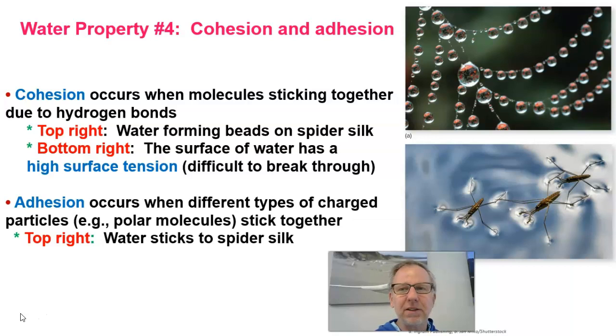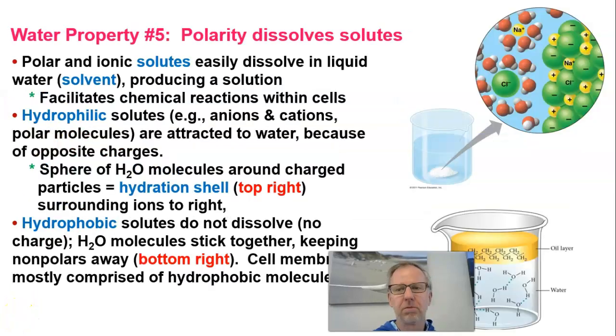So that means the spider web and the water are adhesive. They stick to each other. Glue, of course, is an adhesive. It has chemical properties that stick to other surfaces like paper, and they can stick together. So these two properties, cohesion and adhesion, are both having to do, again, with water's polarity.